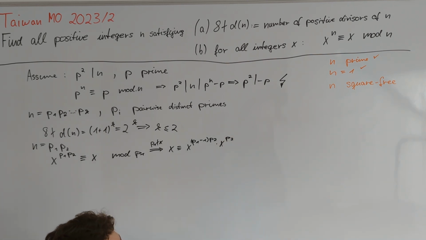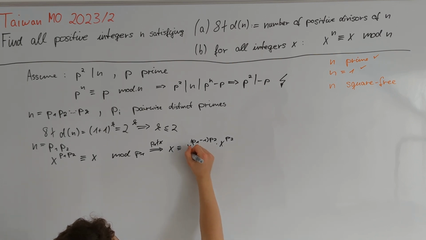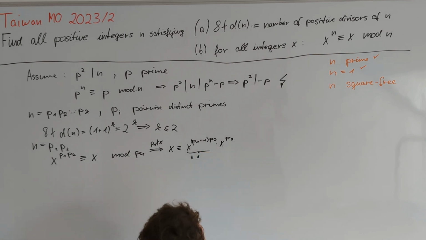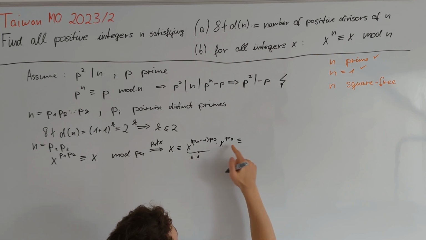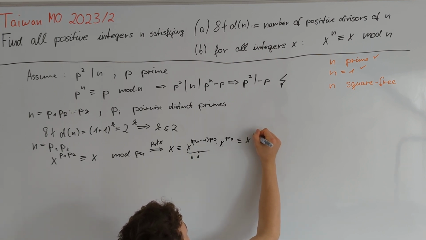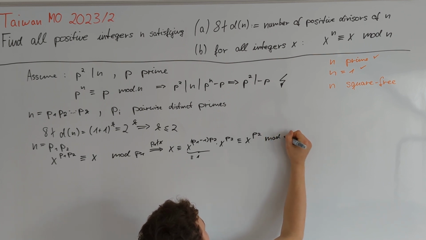Now we know by Fermat's little theorem that x to the power of p1 minus 1 is 1 modulo p1. Taking 1 to the power of p2 is again 1 modulo p1, and so this is congruent to 1 modulo p1. And so we get in total that x is congruent to x to the power of p2 modulo p1.